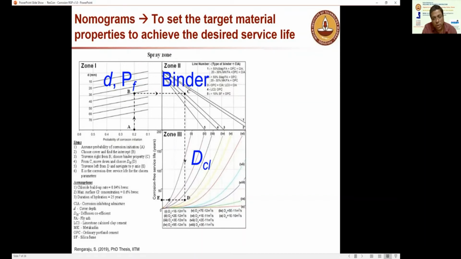Based on that, you can pick one of these inclined lines, and then you go down from point C to point D, based on the selection of E. So if you want about 25 years, in this example, then you can say which D curve you have to pick, which is at the bottom right. And then based on that, if you want this much service life, you have to use this much cover, you have to use this cement type, and you have to use this steel type.